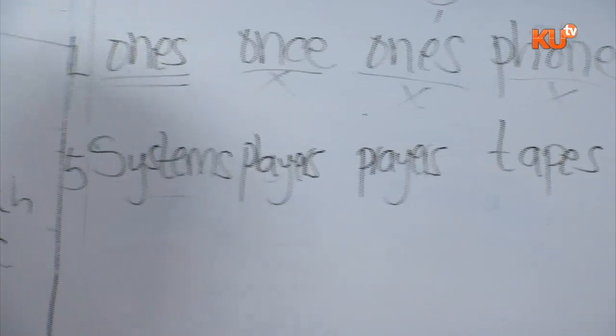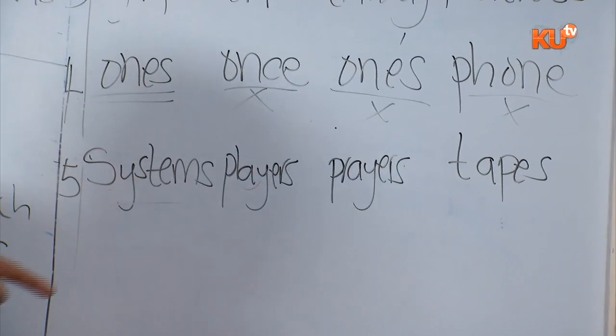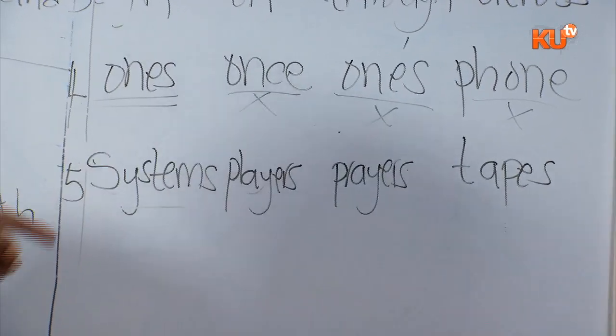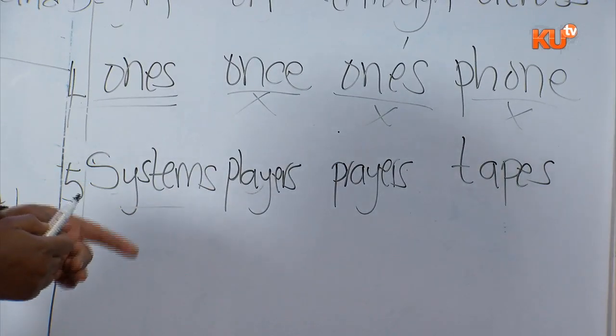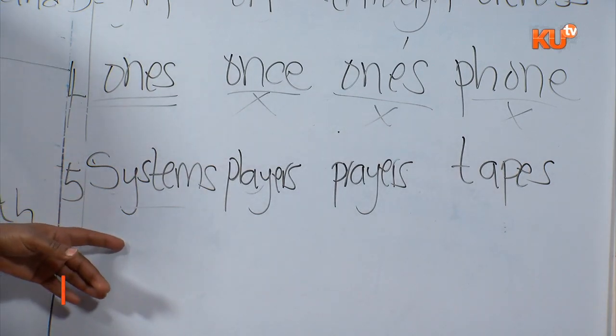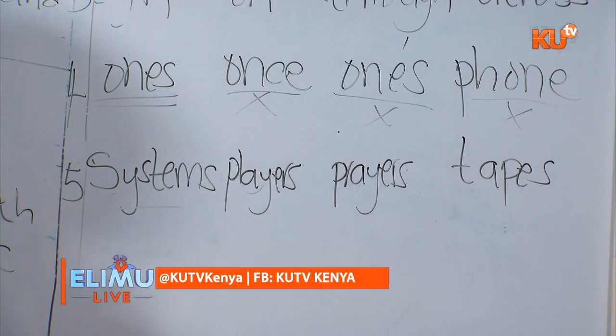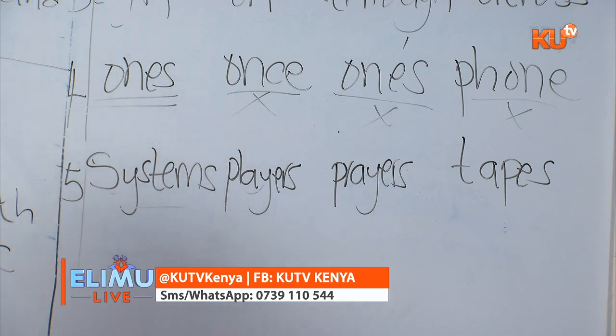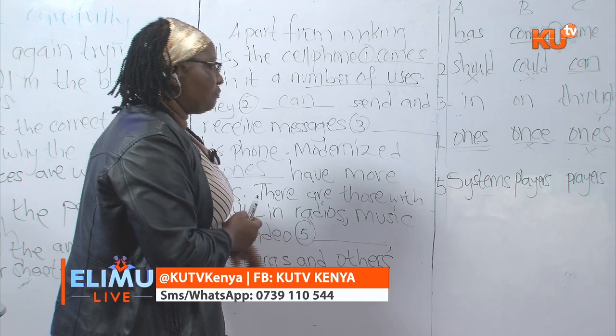Now, these vocabulary items are taught in class 8: the systems, players, prayers and tapes. So okay, here first of all it is testing two items, spelling and vocabulary. So you're supposed to check which is the correct item to fill in number 5.